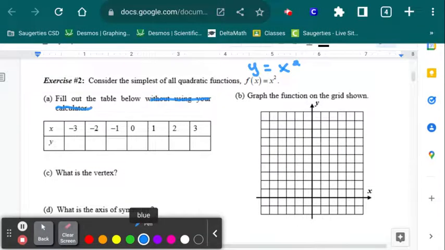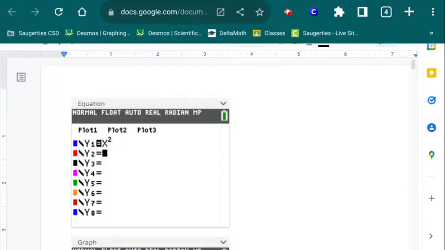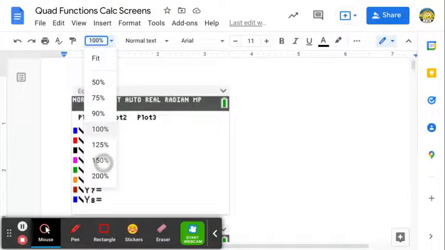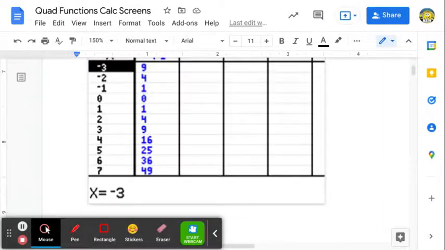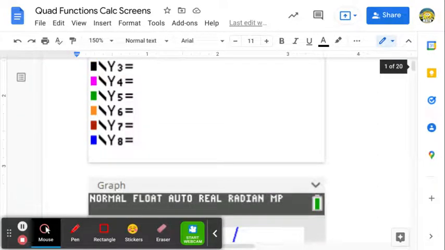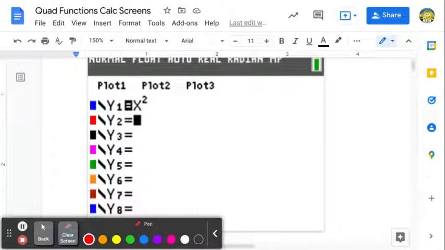So let me go to, if it lets me, here's my screenshot. Get a little bigger. Whoa, not that big. Oh boy, sorry folks. So what I did, remember I went to y equals, and I typed in x exponent 2, and this is what popped up.